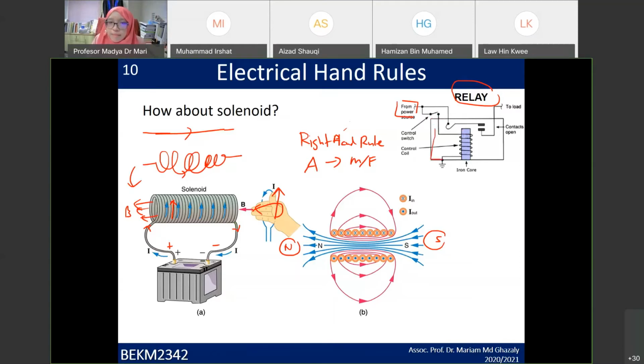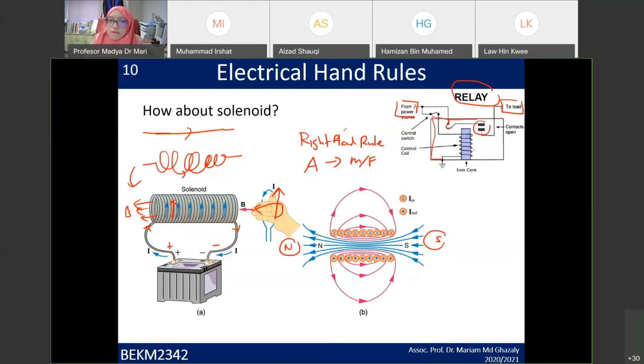This circuit is actually not a closed circuit, and this one is what you connect to the load. The connection to the load is open right now. So if the solenoid is not energized, meaning you didn't give any current to it, then there will be no magnetic field.